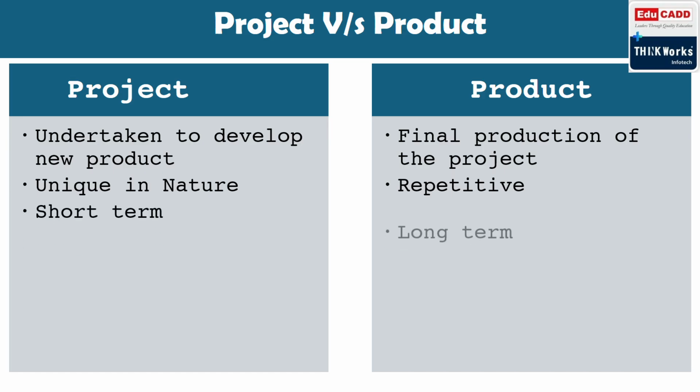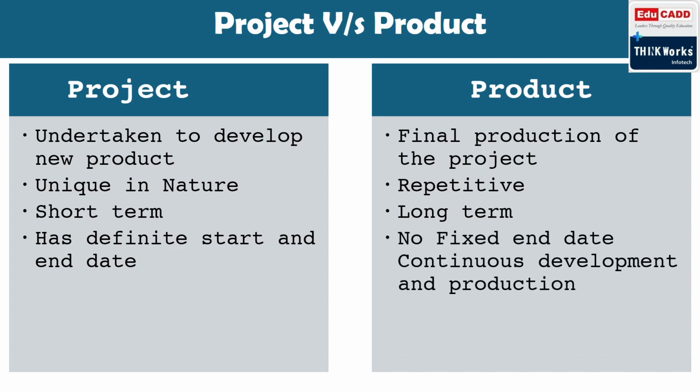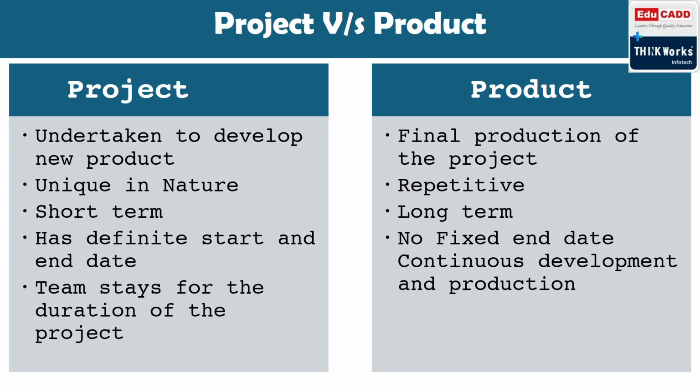A project is short term, whereas a product is long term. A project will have a definite start and end date, whereas a product doesn't have a start and end date. Once it is started, it will keep on going as long as there is demand in the market, and maybe the same product will be developed with new technologies added. In a project, the team stays for a short duration, whereas in a product, the team stays for a long duration.